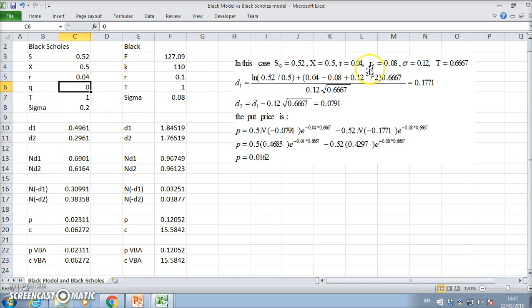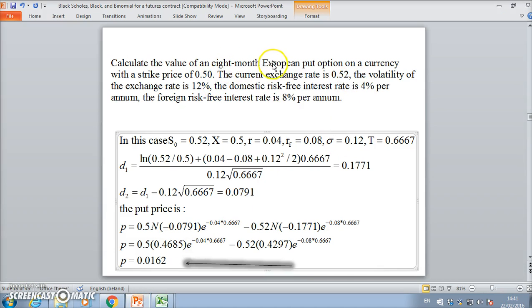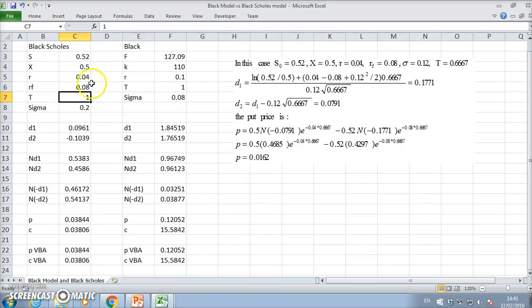In the foreign currency, R_f, so I can change this to R_f, is equal to 8%. So a higher rate of return in the foreign currency. T is equal to 8 months, if I remember correctly, so it's 8 months. We can write this as being equal to 8 divided by 12.